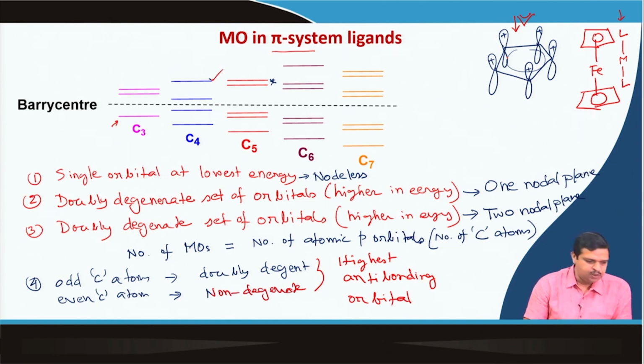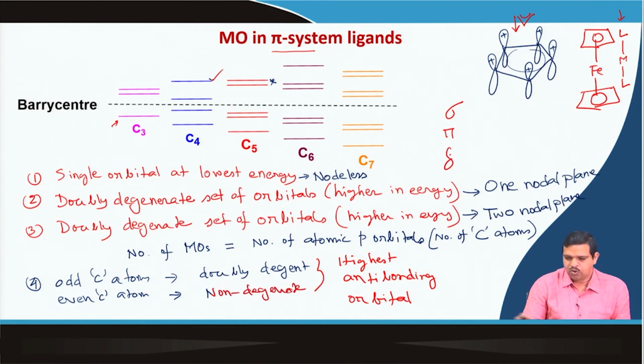Here we can categorize the different molecular orbitals of the pi system as cylindrical: if the symmetry is cylindrical, we assign it as sigma; with one nodal plane, we assign it as pi; and with two nodal planes, we assign it as delta.